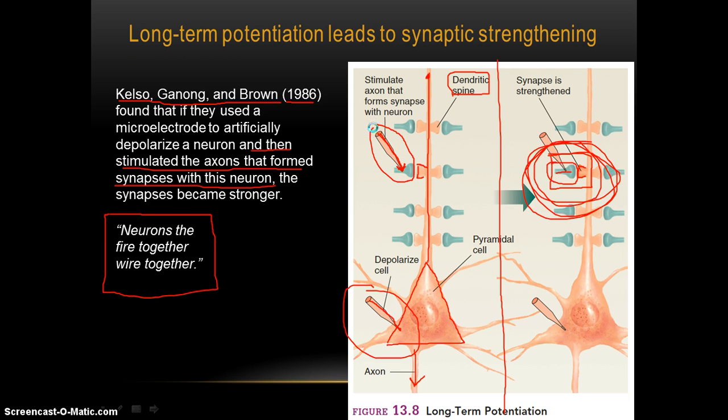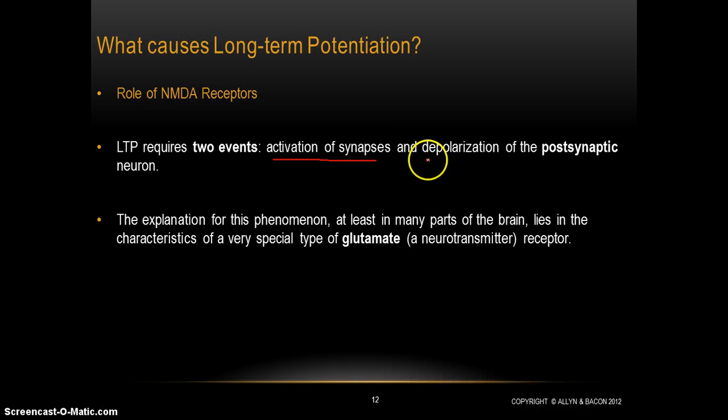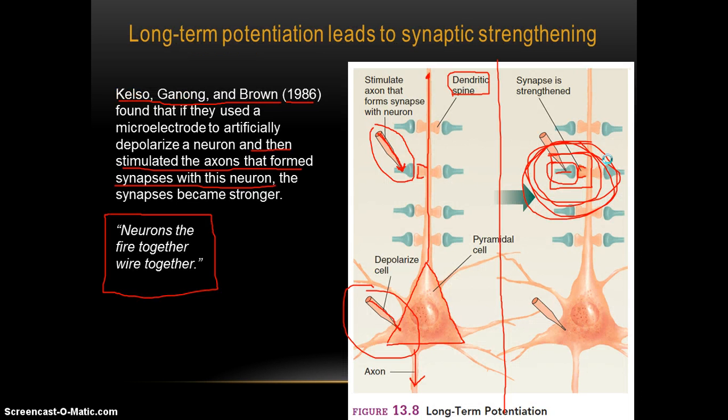So that's one thing that's necessary to happen. The other thing that's necessary is depolarization of the postsynaptic neuron. And if we go back to this picture, that's this, right? So the two things that have to happen for long-term potentiation are activation of the presynaptic neuron and activation of the postsynaptic neuron. And again, neurons that fire together wire together.